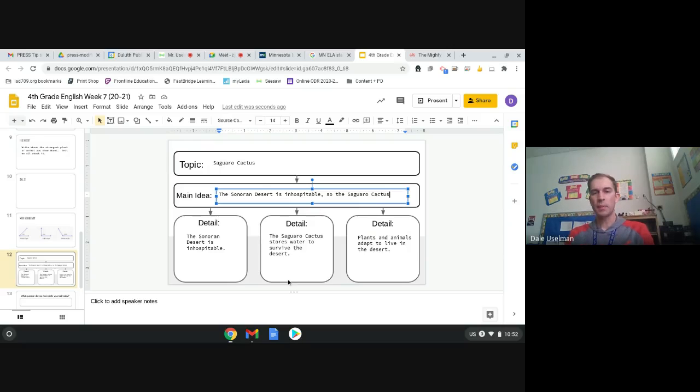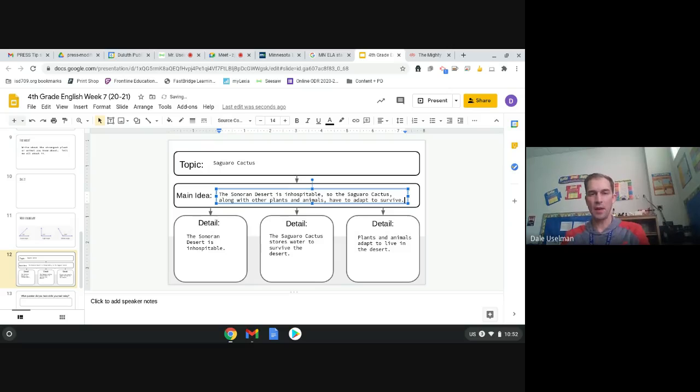So now I want to talk about how it has adapted to survive the desert. But I'm also thinking about, wow, these other plants and animals are adapting to survive in the desert as well. So I can kind of mush that together. So I'm going to say the Sonoran Desert is inhospitable. So the saguaro cactus, along with other plants and animals, have to adapt to survive.